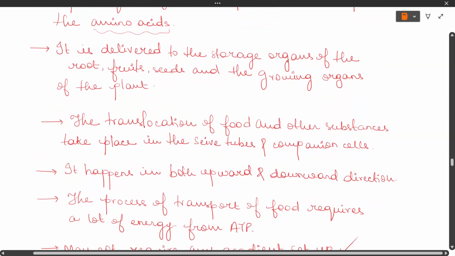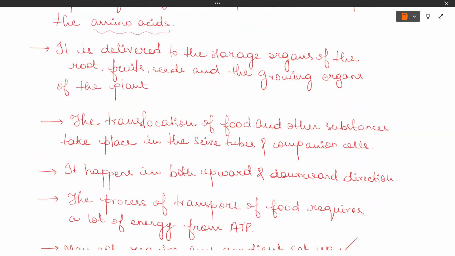Now, you must remember from the previous class, I told you that in your answers you have to tell the examiner from where to where the food is being transported.